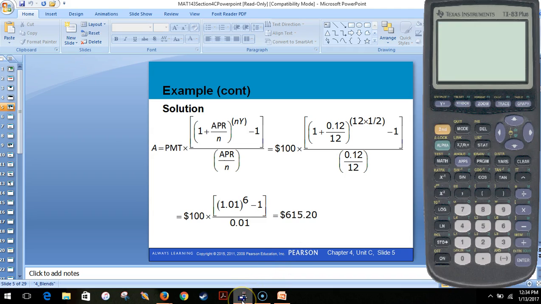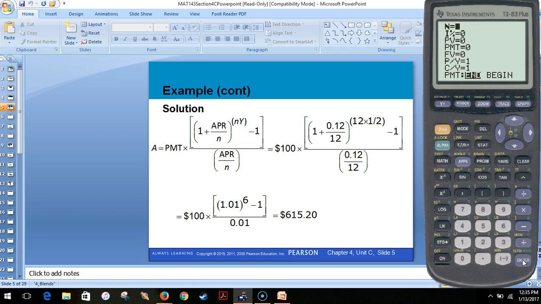So what we can do is use something called the TVM solver, time value of money. We'll be able to get into that by hitting apps, and you'll want Finance. For me, it's the only one that I have, and the TVM solver will be the first one. Hit enter, and this very long screen will come up.